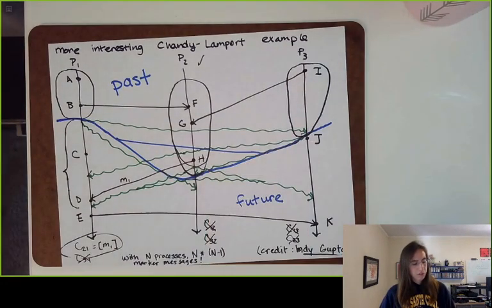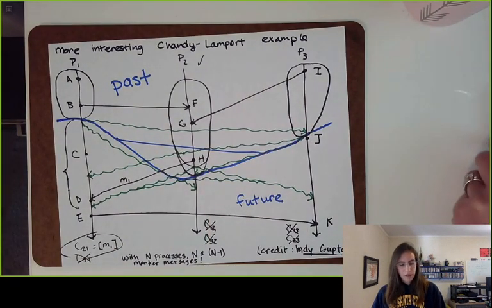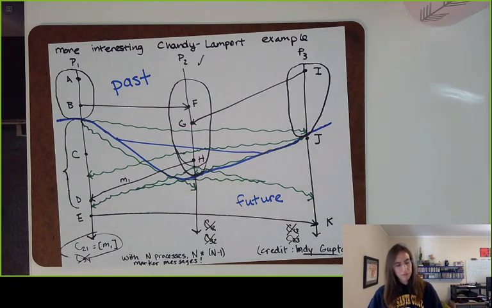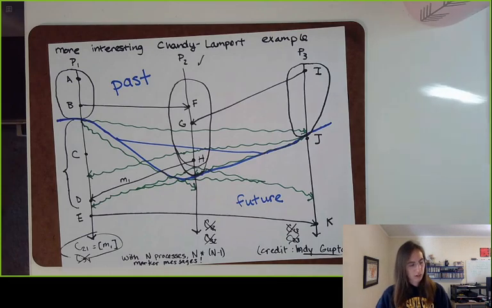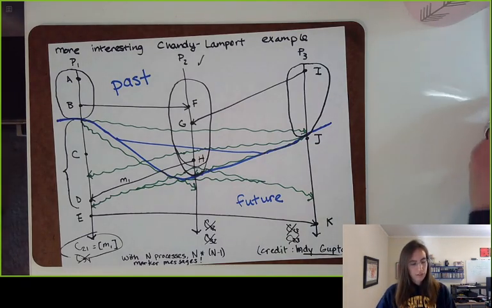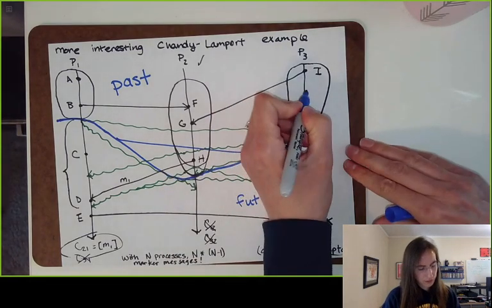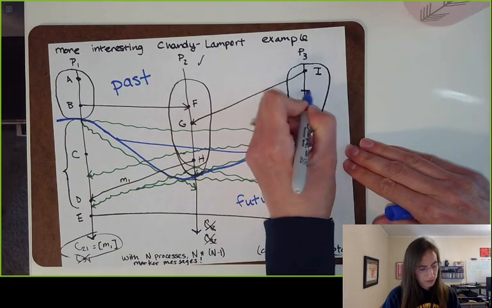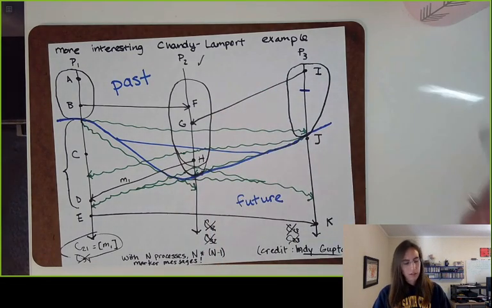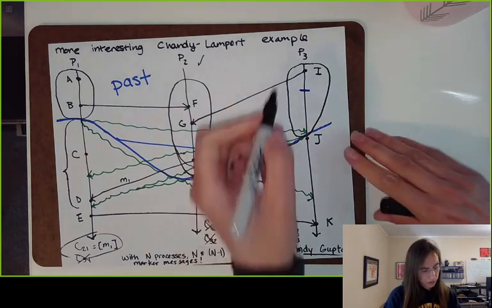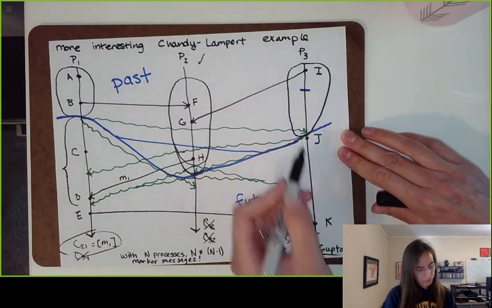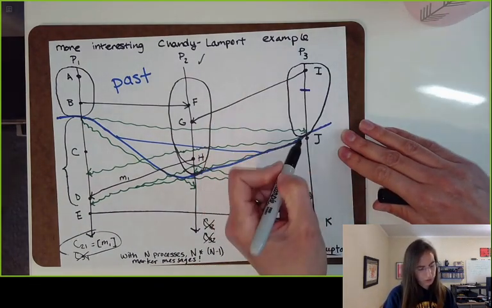And let's say that P3 decided to start a snapshot, maybe a little bit earlier, at this point right here. Well then, the snapshot of P3's state would actually look the same, because this circle here doesn't include any other events.